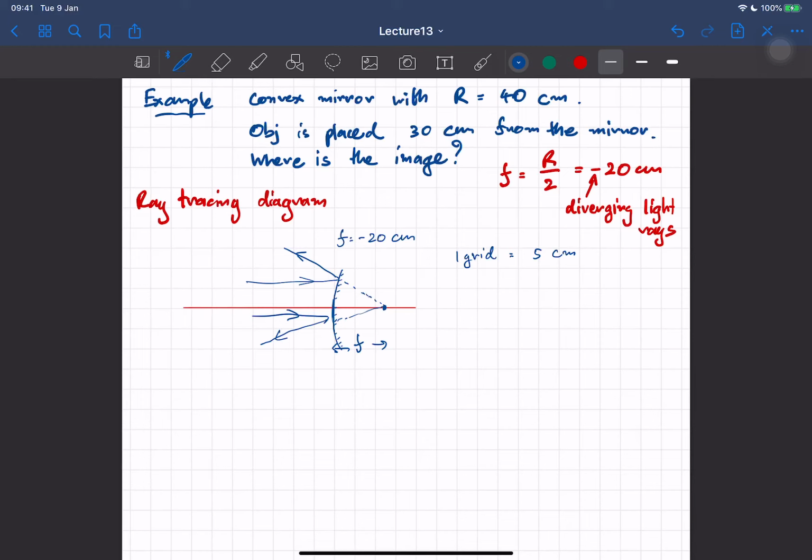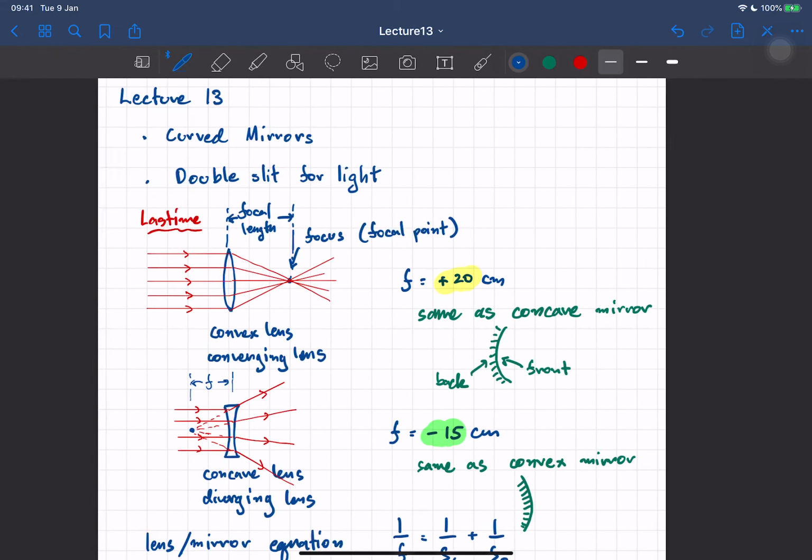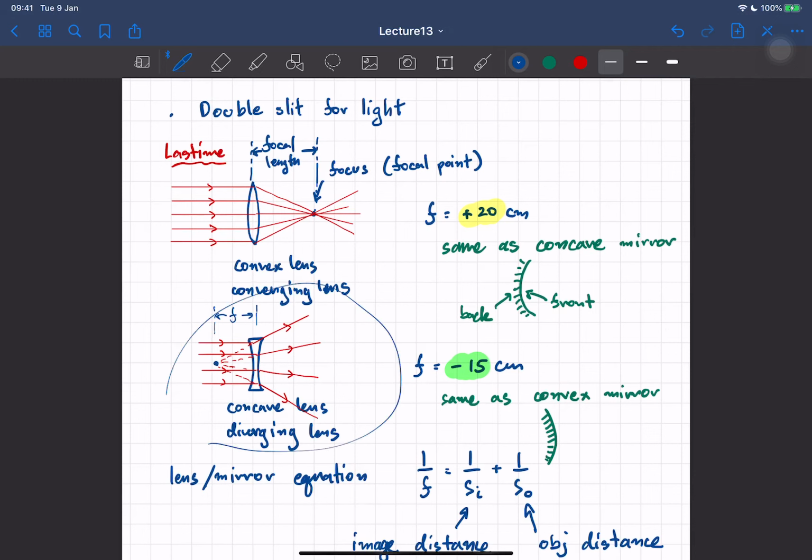So you can see that the concept is very similar to a diverging lens, right? Allow me to go back for a second and look at this. It's almost the same thing except you flip this side of the picture onto the same side as the incoming ray. Everything else looks the same.